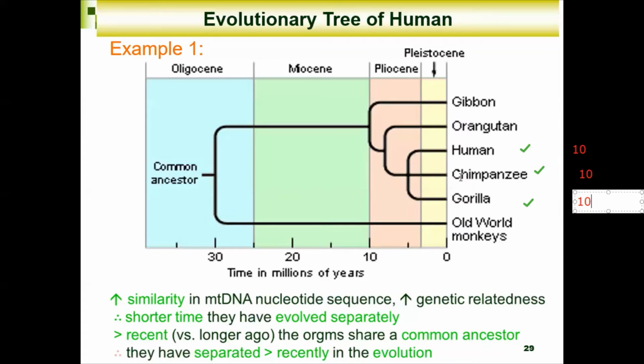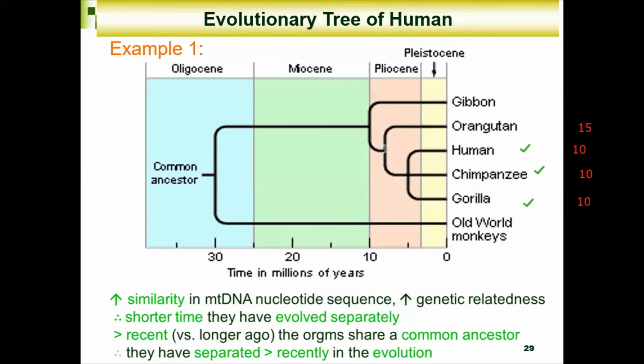As compared to chimpanzee, human and orangutan. Let's say the difference in our DNA between human and orangutan is 15. That means the common ancestor between orangutan and human must be further away from this one, right? It's not so recent, it's further away. So that's why you have to draw it this way.